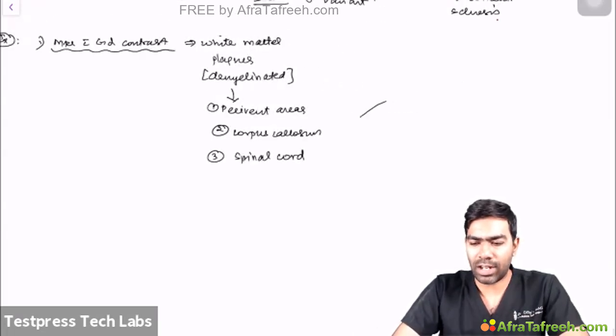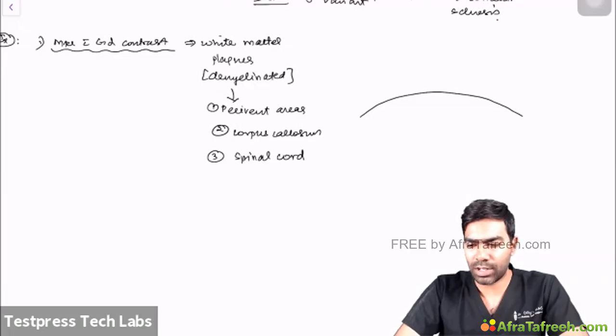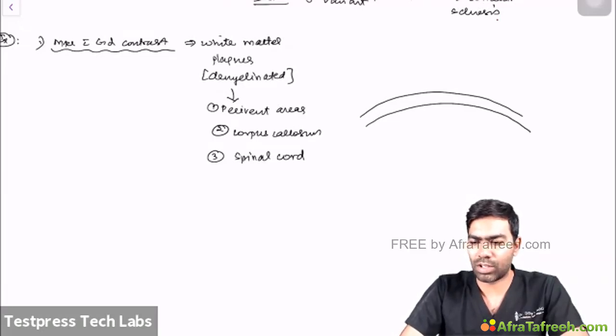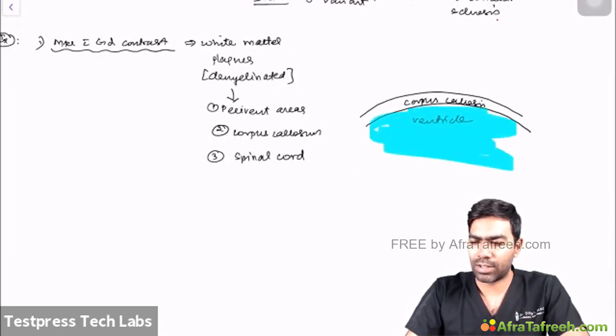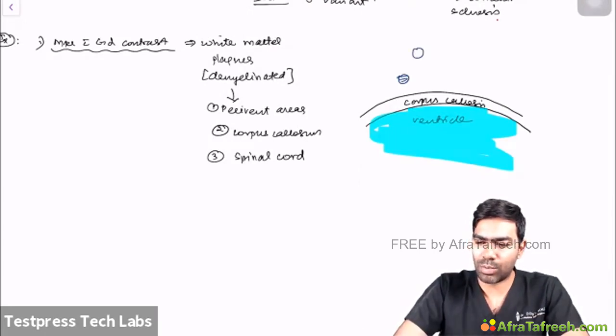And for the periventricular area, this is typically the image you will get. If you have a corpus callosum here, and you have a ventricle here, so ventricles, we can put like water here. And above this, you will be seeing this plaque distribution like this.